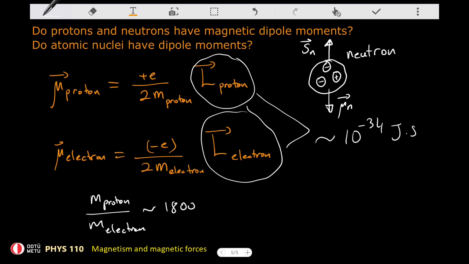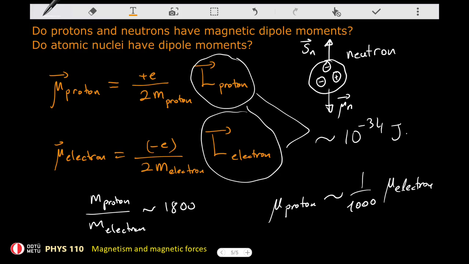Since the angular momenta have the same size, but we have a mass in here, it appears that the magnetic dipole moments of the protons are always much smaller compared to the electrons, which means you can neglect them. In general, the nuclear magnetic dipole moments are about, let's say, 1/1000, because there are also these g factors as well, times the magnetic dipole moments of the electrons.